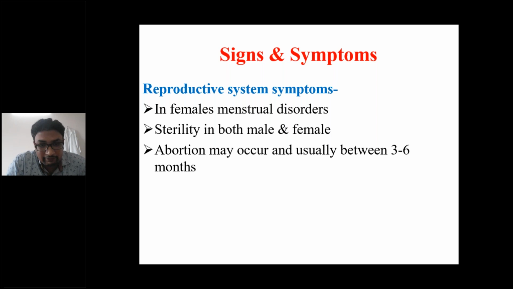So usually in first trimester and second trimester, abortions can be seen. So in the reproductive system, sterility can be seen in males, and then sterility, menstrual disorders, and abortions are seen in females. And abortions occur usually in the second trimester, 3 to 6 months of pregnancy.